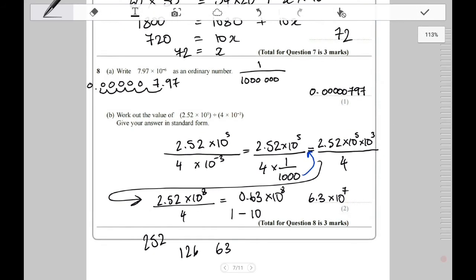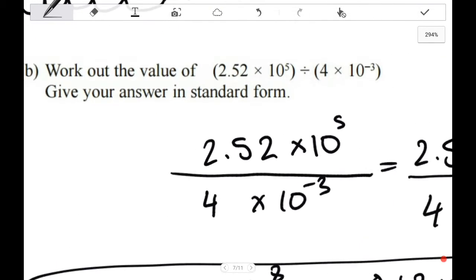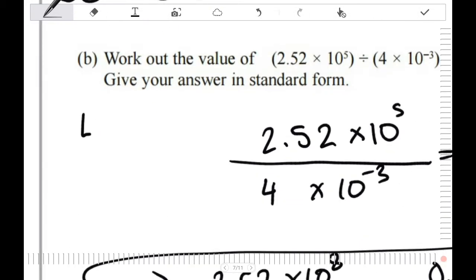Now, a bit about what just happened here. Let's make some space. Let's do it here. If you have something of this form, where you have one fraction being divided by another fraction.